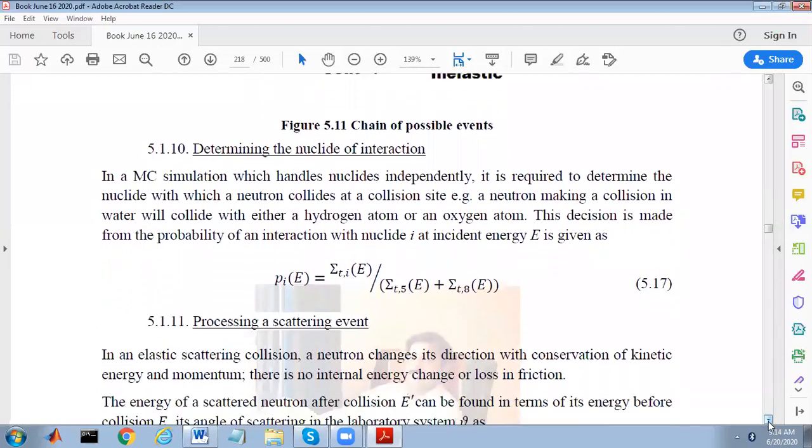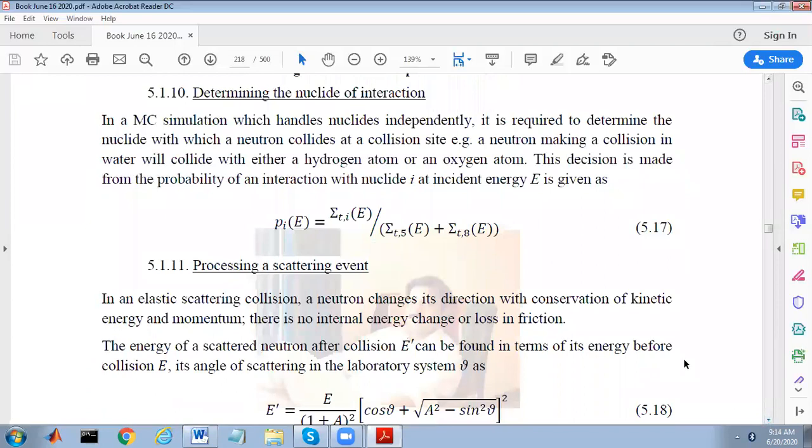So what we do is, first of all, if you have an element, we proceed now. But if you have a mixture, then in Monte Carlo, you want to know which element inside the mixture your neutron collides with. So if you've got U235 and U238, for example, and you want to know did it collide with U235 or did it collide with U238, you take this ratio, sigma t of the ith nuclide divided by the sum of sigma t over all the possible nuclides, and build a probability distribution function.